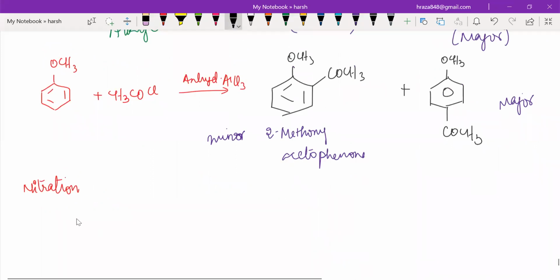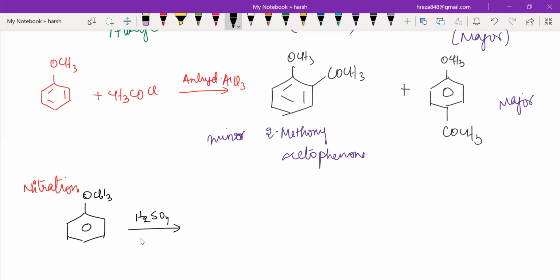Very good. In nitration, we need to add a nitro group. So this is OCH3. There will be sulfuric acid, H2SO4, in the presence of HNO3.